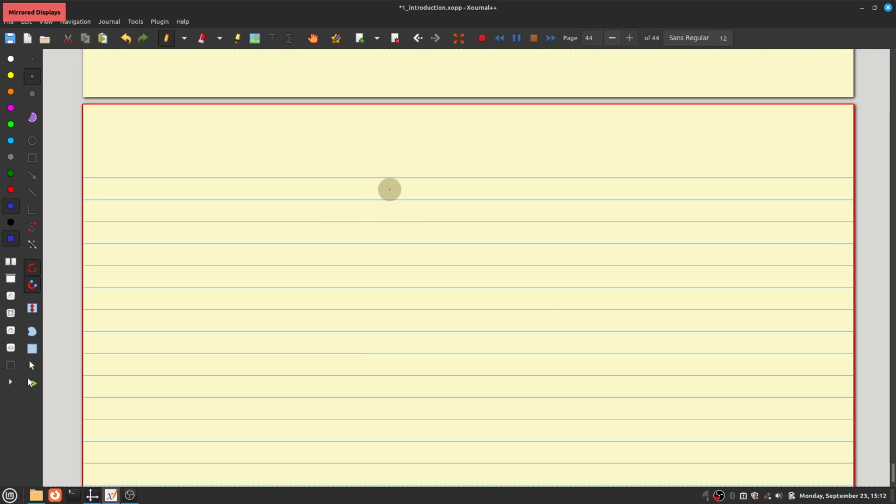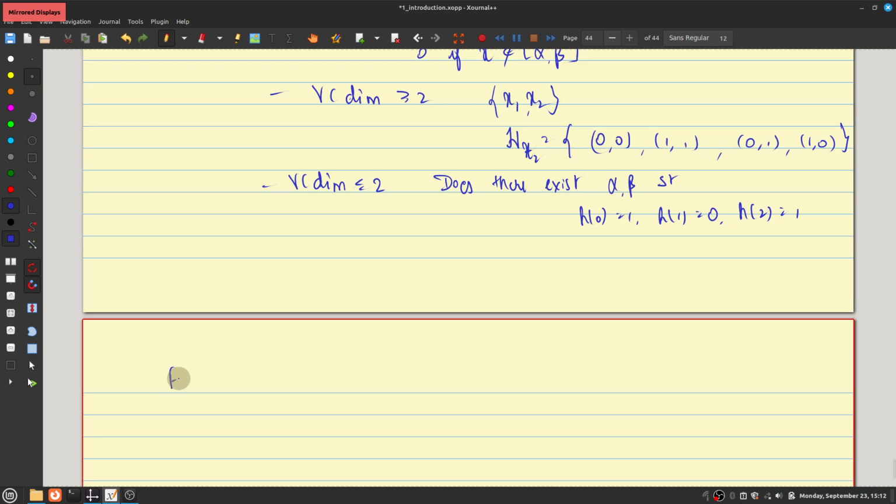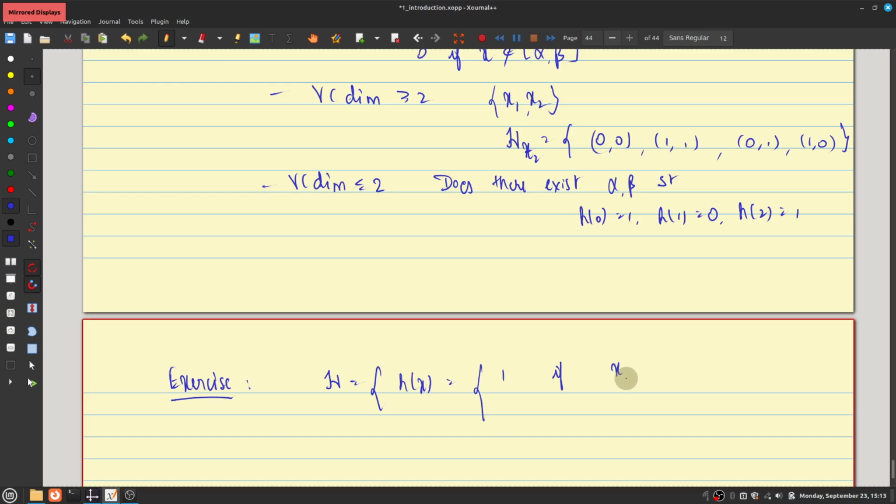Okay, so you can generalize this. You look at the set of all functions of the form: 1 if x belongs to A1, B1 union A2, B2, so it's a union of k disjoint intervals, and 0 otherwise.